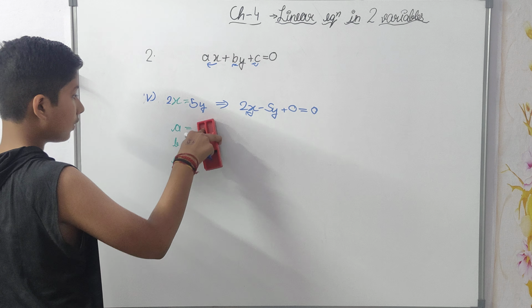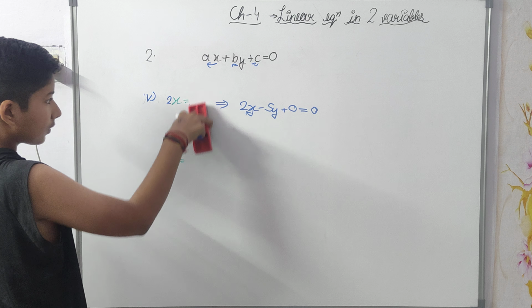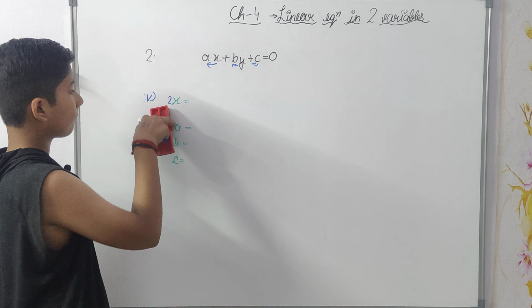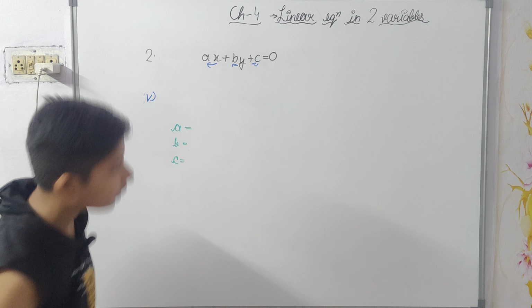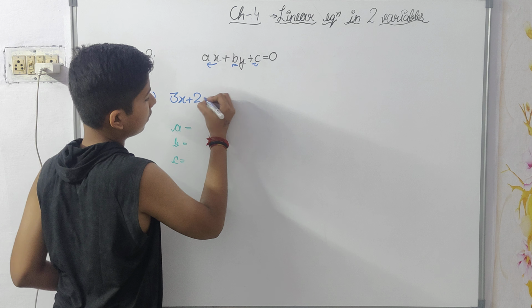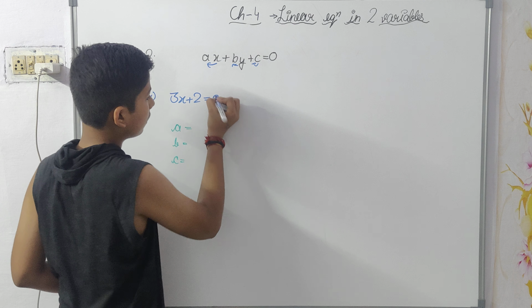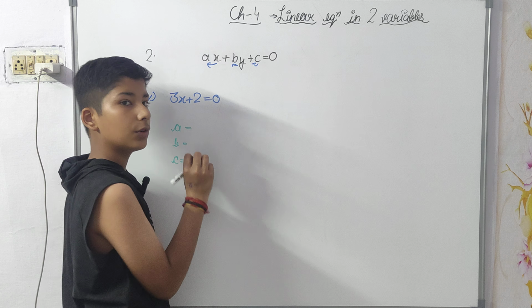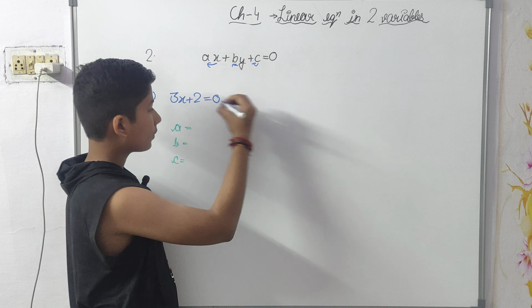Now sixth one. 3x plus 2 equals 0. It's already in the perfect form. If you see nicely, there's no y over here. So y will be 0.